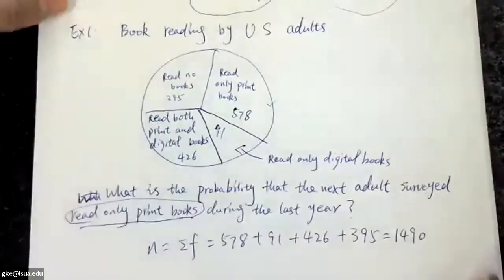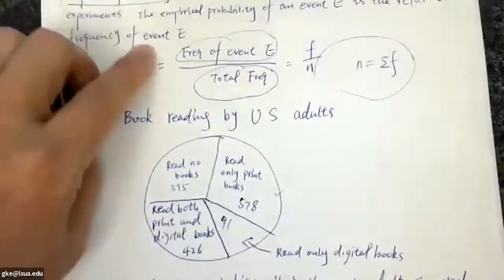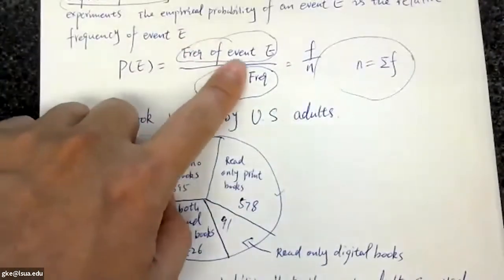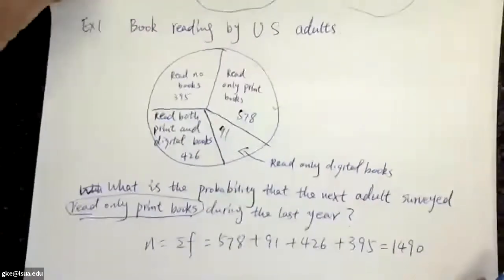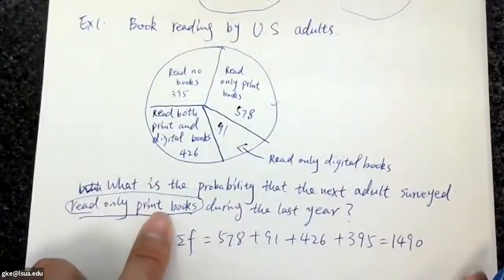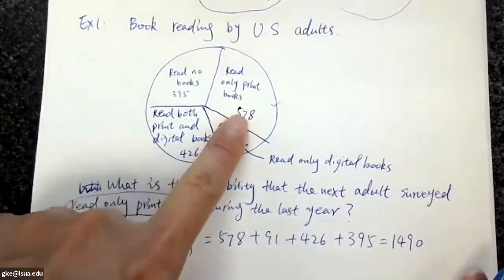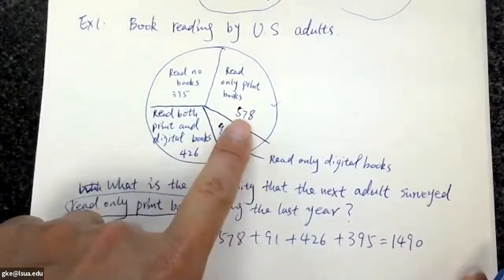Then we follow the formula. The frequency of event E, read only print books, is 578.